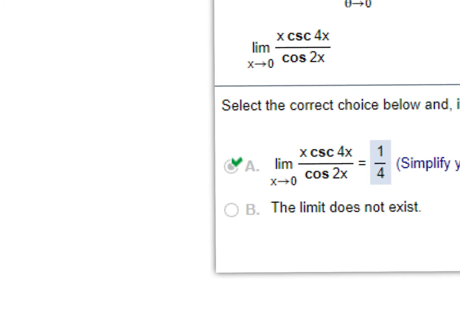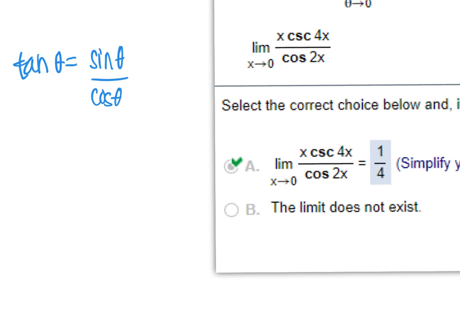Know that tangent of theta is equal to sine theta over cosine theta.